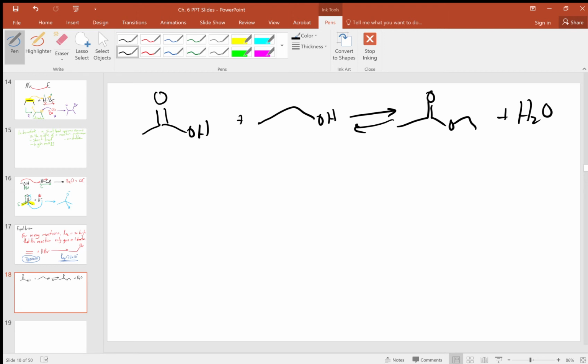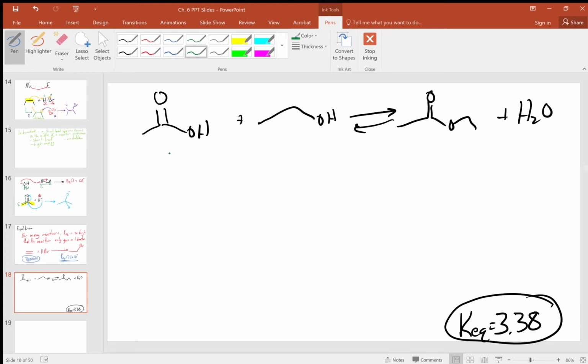Well, the equilibrium constant on this reaction is 3.38. What does that mean for us? Well, it means that this is a reaction that's going to favor the products, but not by very much.